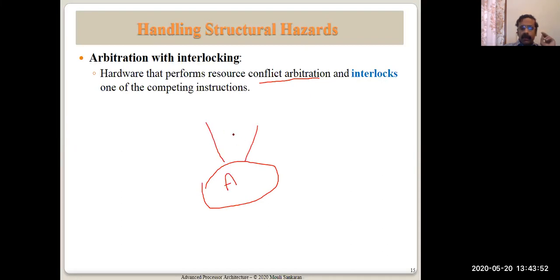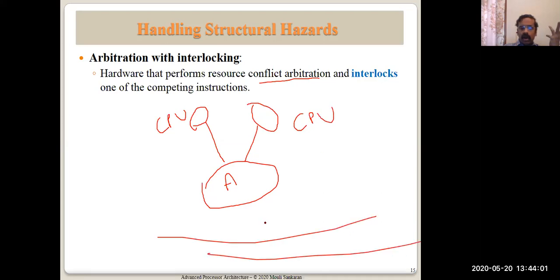Suppose it's a multi-core CPU, multiple CPUs need access to a common bus. This is a bus, common bus, and this is an arbiter. Arbiter is a hardware. So when multiple CPUs try to access the bus, it can be given to only one of them. So the arbiter identifies that this CPU also wants it, this CPU also wants it, and it will resolve the conflict based on fixed logic.